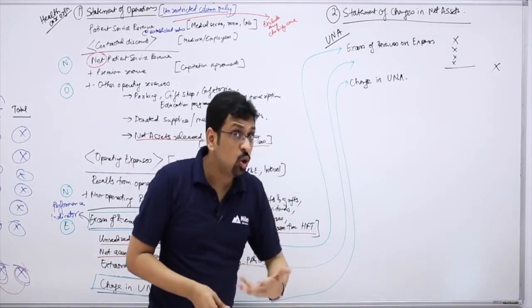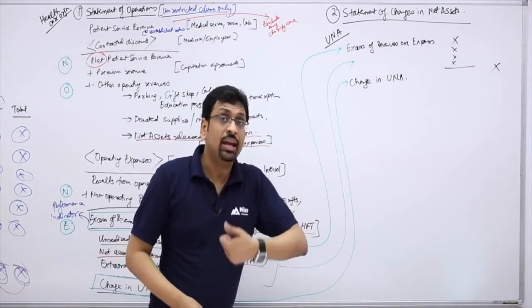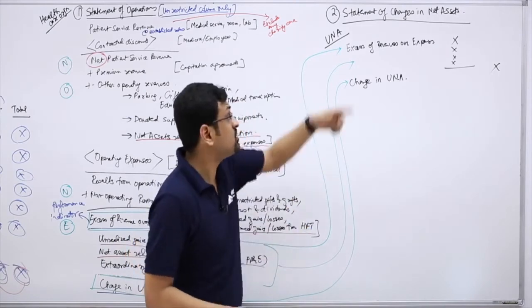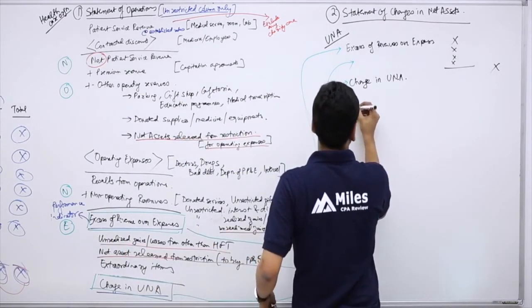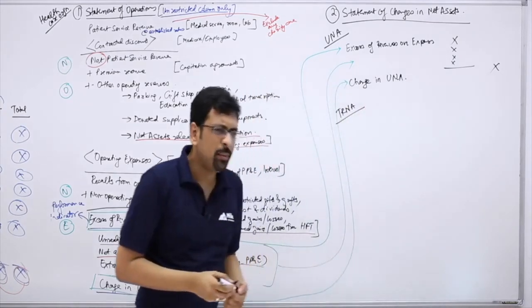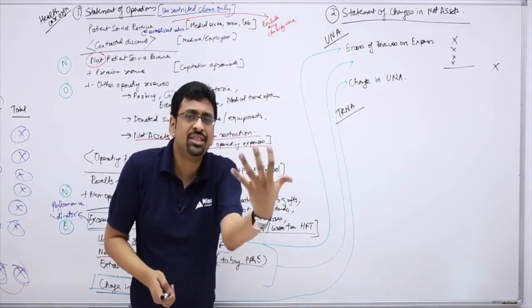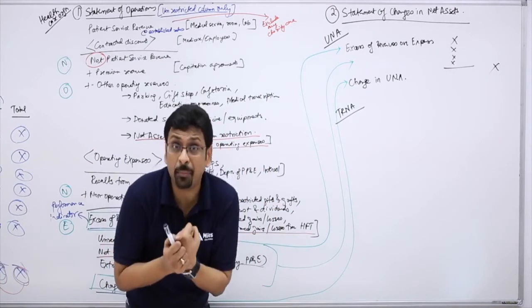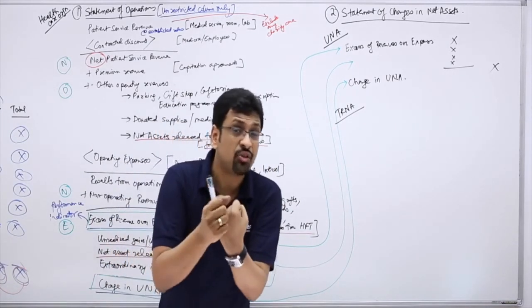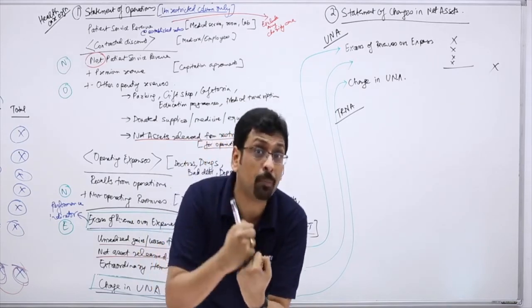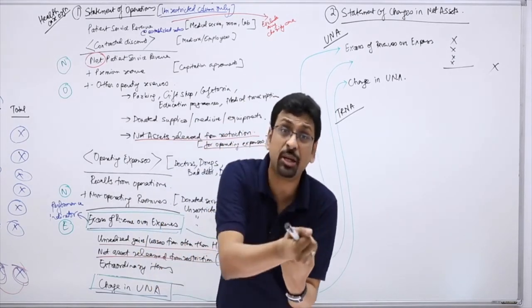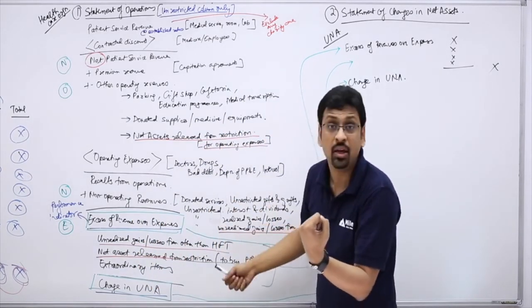Now we are also going to have the changes in temporary and the permanently restricted items here. So you're going to have TRNA, temporarily restricted items. So let's say they've received some contributions which are temporarily restricted. They can't touch it for a certain period of time, or they got to use that only for a particular purpose, for some operating expenses after a period of time, or to buy PP&E.